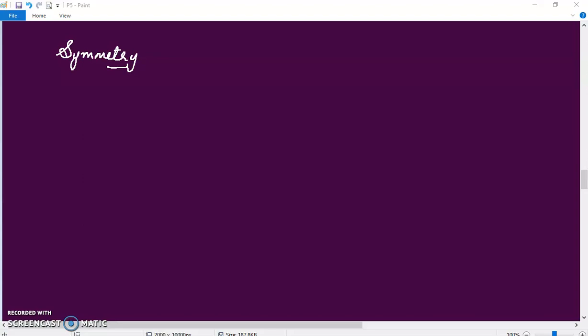With one of the ports open circuited. Let us see case 1, that is when the output port is open circuited.